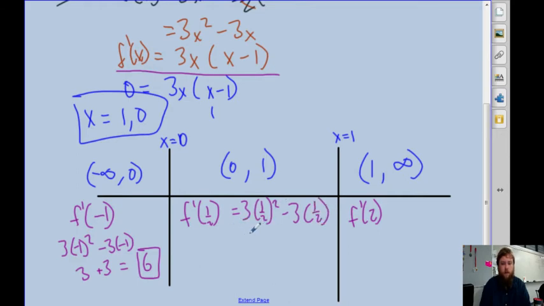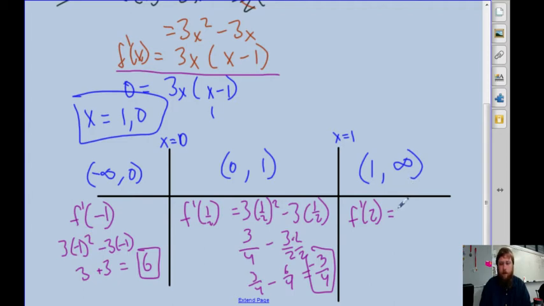So 1/2 squared is 1/4, so it'll be 3/4 minus 3/2. And 3/2 is the same thing as 6/4. So 3/4 minus 6/4 is going to be -3/4.